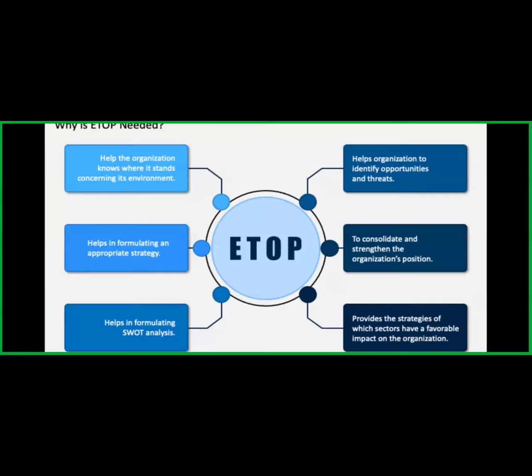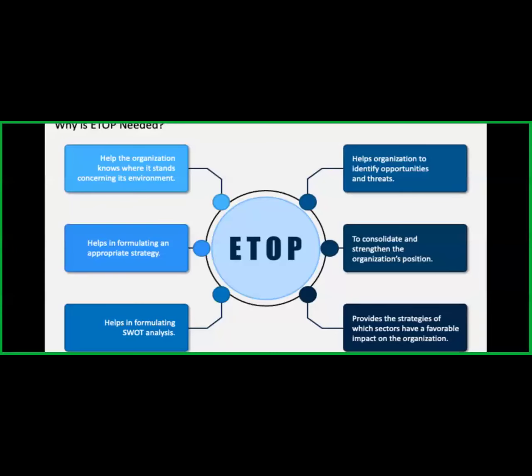With the help of ETOP analysis, the organization can say go ahead, or they can overcome the threats being posed to the organization. So it helps in the SWOT analysis that we have already discussed. ETOP helps the organization identify opportunities and threats. With examples, we have discussed all these things.